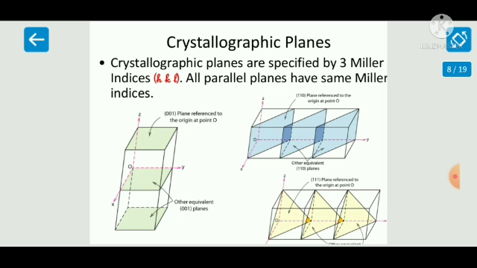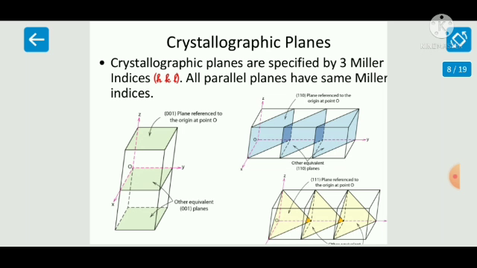Another one is an equivalent 1 1 0 plane. These have different angles and dimensions, 0 is the origin point, and x, y, z are the directions, with intercepts on these faces and corner atoms.